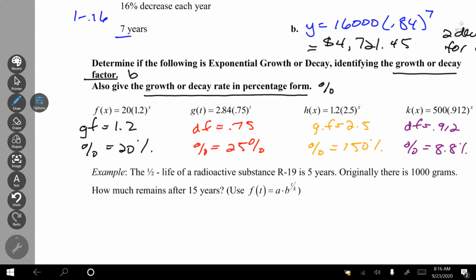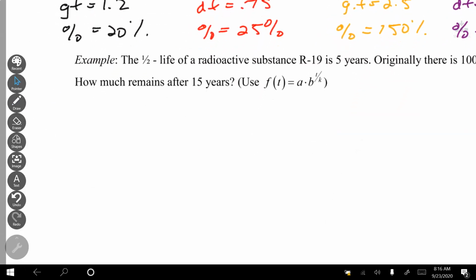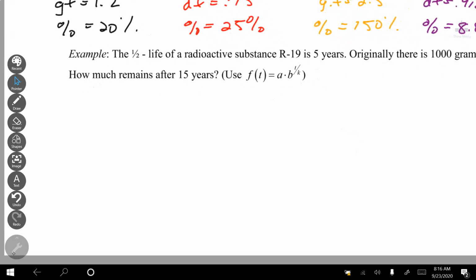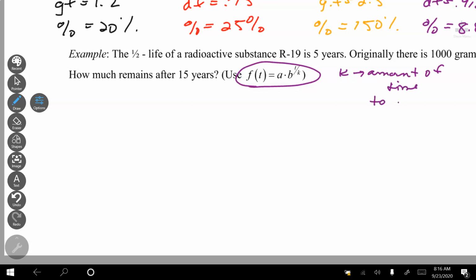Now, another way to write equations is putting the amount of time frame into it. So when I use this formula here, the K is the amount of time to do a growth or decay. So when I see it's a half-life, my B value is a half.